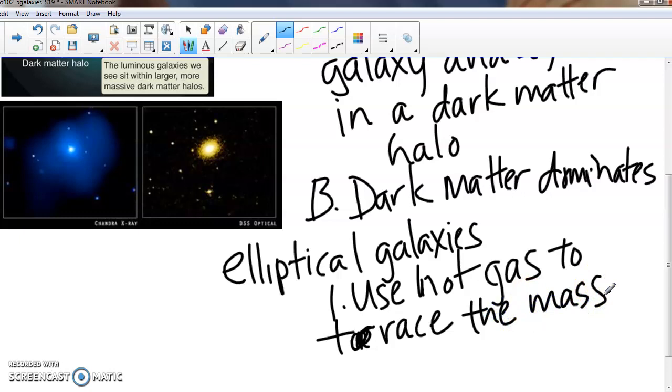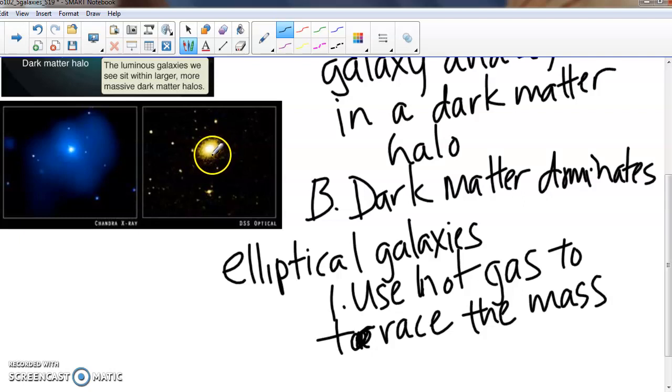So how does that work? Well, hot gas is very light. It moves around, it escapes very easily. If there's no gravity to hold it in, then it's going to go away into space. So what we do is we look at an elliptical galaxy. Here's one right here, what we could see with our eyes in optical.